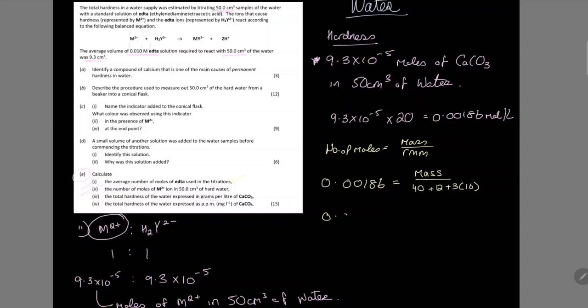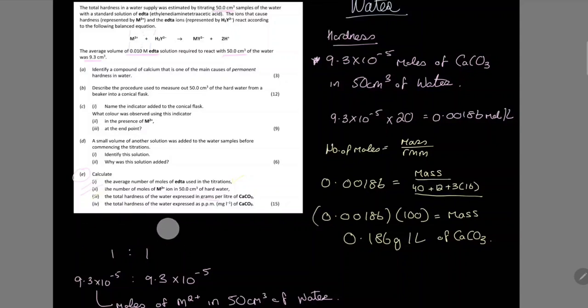So that's going to turn out to be 0.00186 times 100, because all of that adds up to 100, equals the mass. When we find that out, it's 0.186 grams per litre of the calcium carbonate that's present in our water. Okay, that's the part 3.